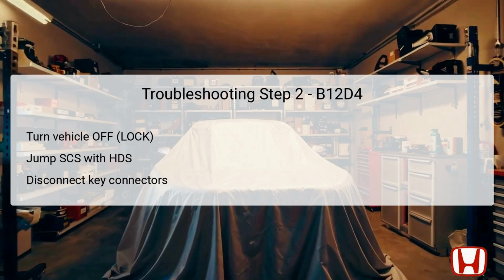For the second troubleshooting step, start by ensuring the vehicle is turned to the off or lock mode. This step is crucial as it prevents any accidental operations while performing checks. Next, utilize the HDS to jump the SCS line, which stands for the Serial Communication System line, and wait for more than 1 minute. This action prepares the system for further diagnostics by allowing it to reset and stabilize its readings.